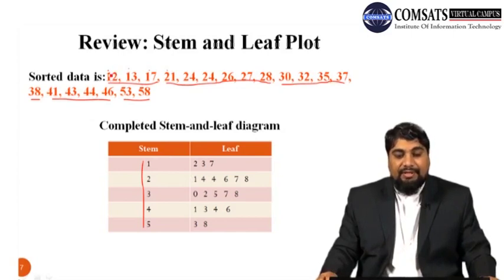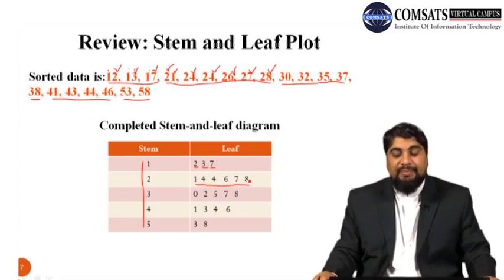So against this 1 the trailing digit is 2, so this will be placed here, and the next number 3 is placed here, and the next number 7 is placed here. Similarly in the next, the leading digit is 2 and the trailing digits are 1, 4, 4, 6, 7 and 8.